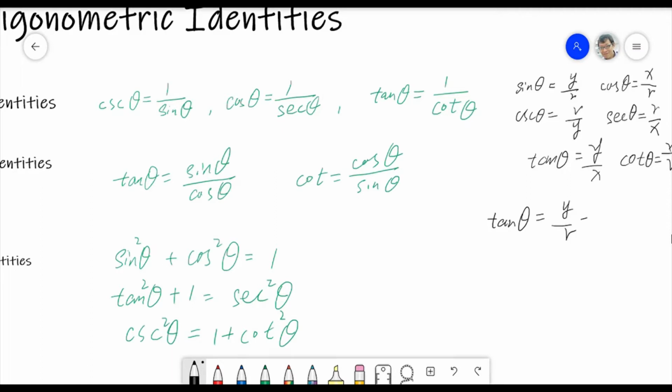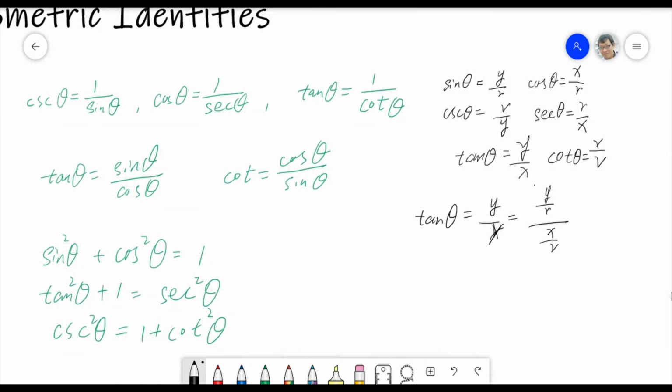So what is sine theta over cosine theta? It equals y over r divided by x over r. If this is right, then y over r is sine theta, and x over r is cosine theta. So you have already proved that.